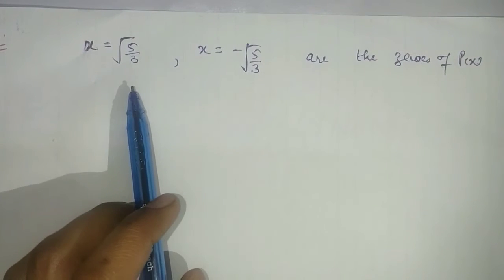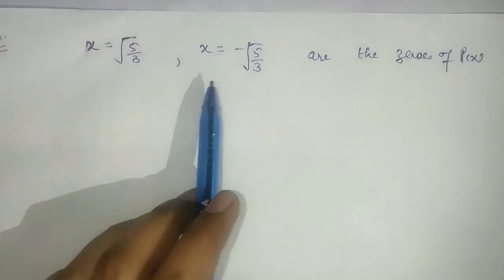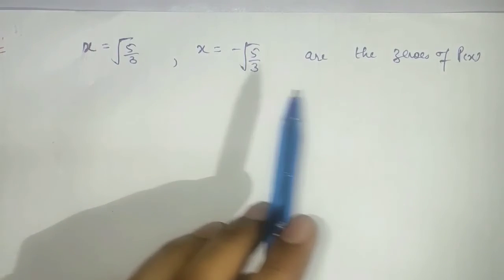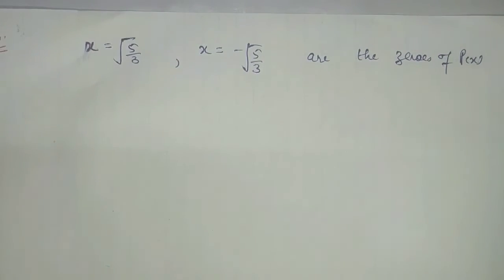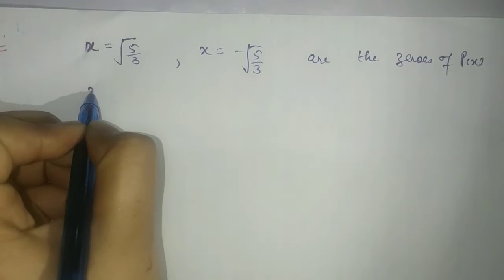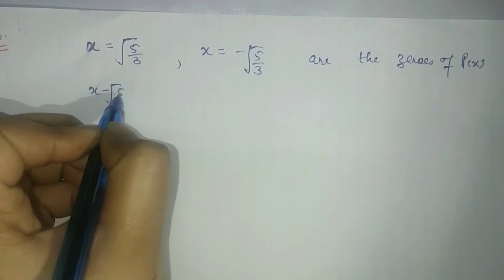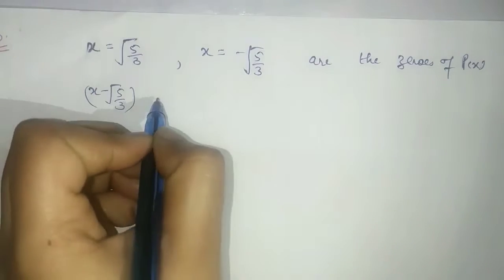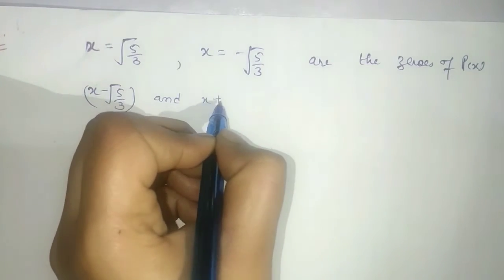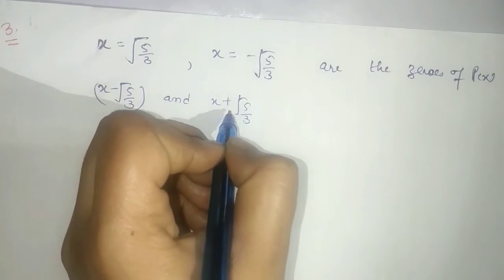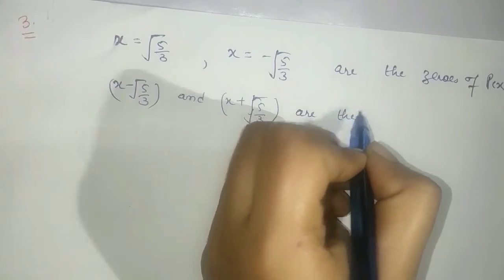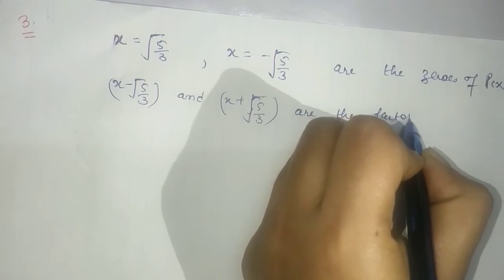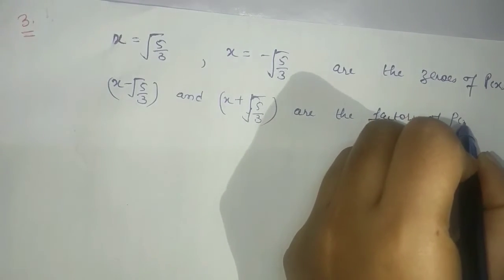Now we are given with x is equal to root 5 by 3 and x is equal to minus root 5 by 3 are the zeros of px. Px is the given polynomial. If they are the zeros of the polynomial, then it means that x minus root 5 by 3 and x plus root 5 by 3 are the factors of the polynomial px.